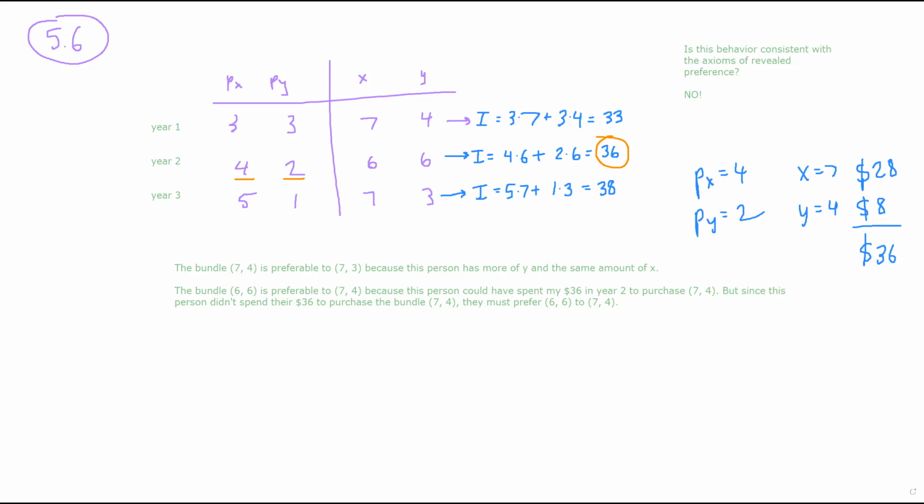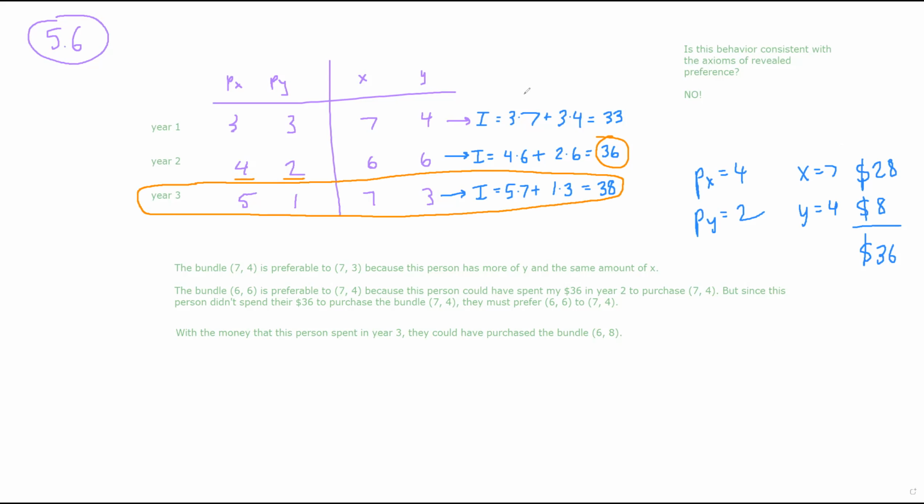Okay, this is the next stuff. The next part's pretty hard. With the money that this person spent in year 3, they could have purchased the bundle 6.8. Let's see if that's reasonable. So year 3, they had $38 to spend.